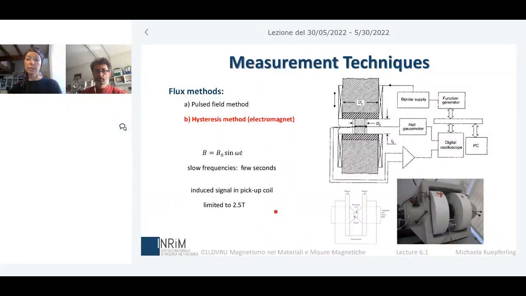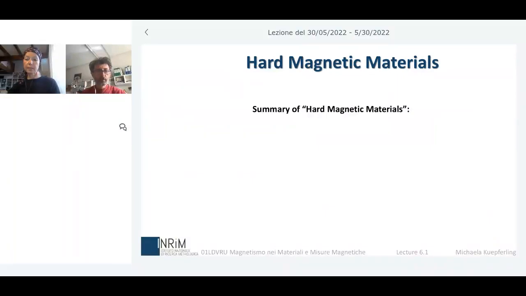Here we are limited to 2.5 Tesla, which is more or less the limit, of course, of electromagnets due to the magnetization of iron of 2.5 Tesla. Then with the large coils that you have, you might go a little bit above, but this is more or less the limit of your method.